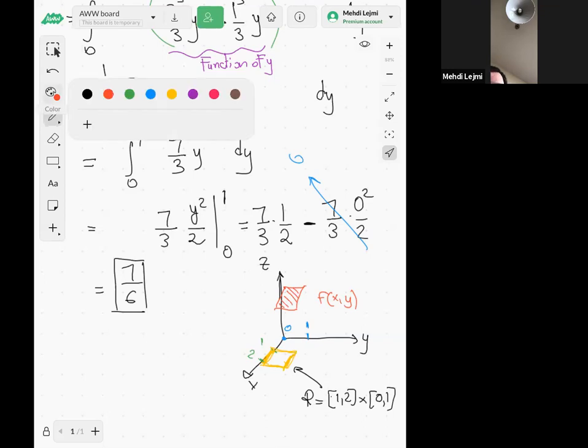And then, of course, we have this solid, this region bounded between your rectangle and the graph of f of xy, right?